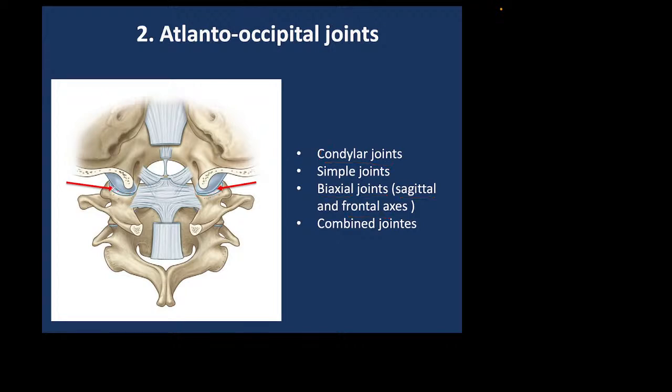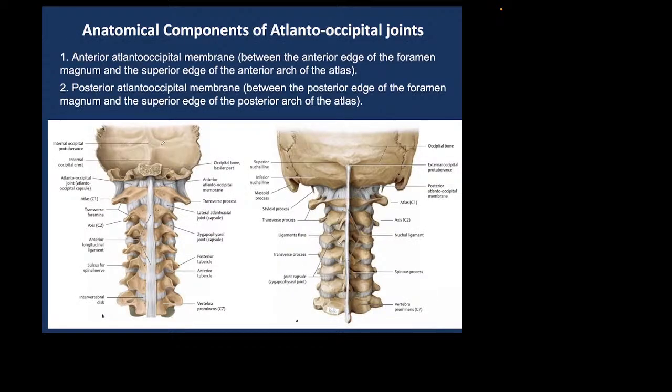There is no movement in the left joint without movement in the right joint. They move together. All movements are possible in both atlanto-occipital joints, but not in only one.